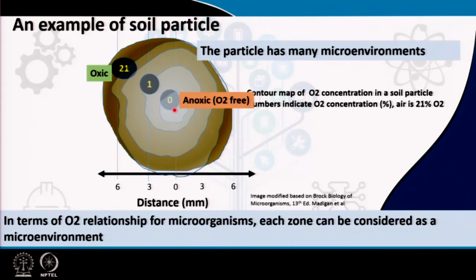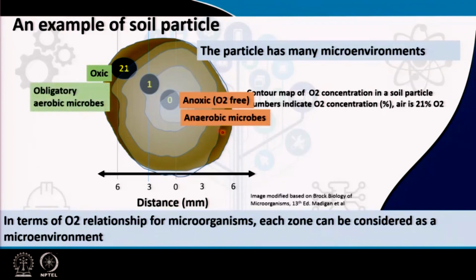Now, with respect to microorganisms which are going to naturally occupy a soil particle and its different zones, we will expect that within the core of the soil particle, which is basically oxygen free, we will have anaerobic microbes, whereas the oxic zone, which is the outer territory, will have obligatory aerobic microbes, and the intermediate zone will have the microaerophilic microbes, because microaerophilic means they prefer to grow on low concentration of oxygen.